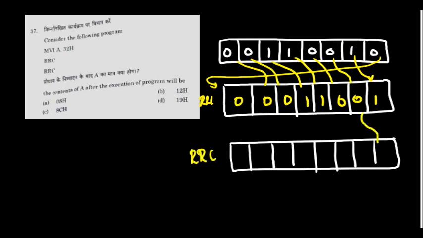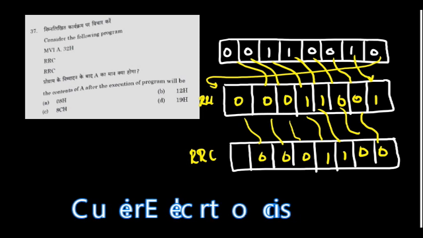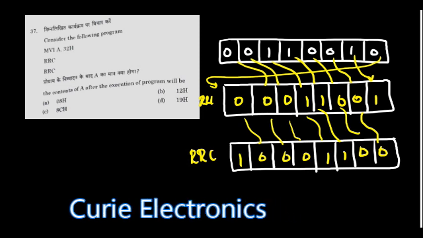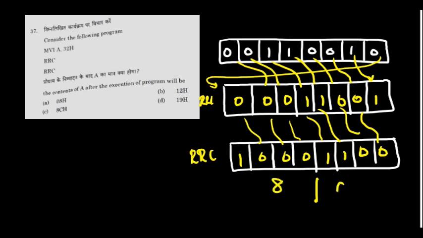This 0 comes here first: 0 0 1 1 0 0 0, and this first one comes here. So now if you write it, this is 8 and this is C. 8 plus 4, 12. 10 is A, 11 B, 12 C. So 8C is the right answer.